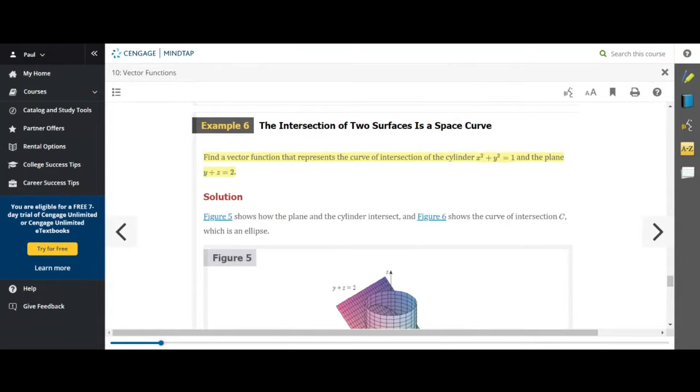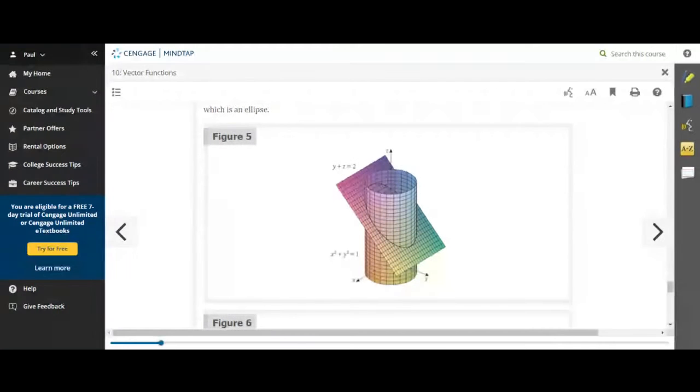They want you to find a vector function that represents the curve of intersection of that vertical cylinder x squared plus y squared equals 1, and the plane y plus z equals 2. Here's a picture in figure 5 of what they're talking about.